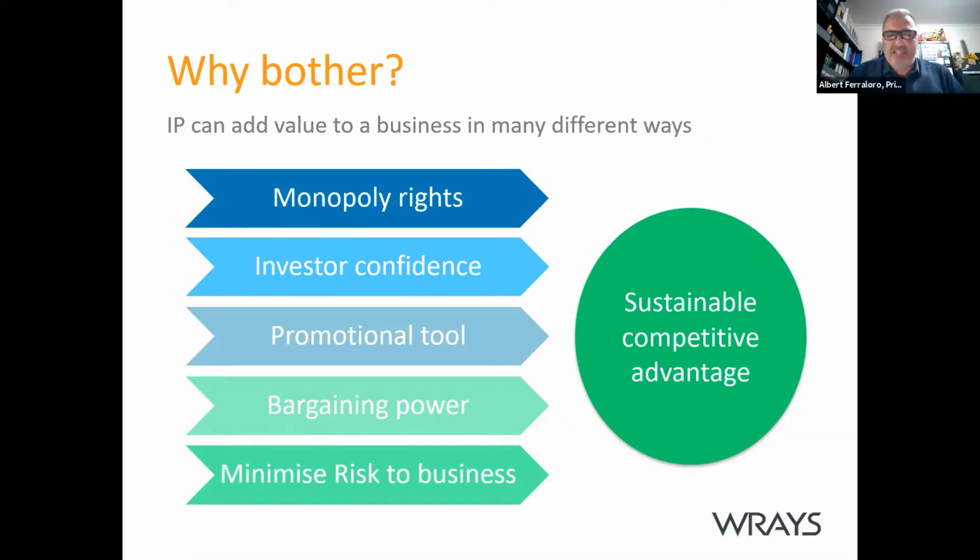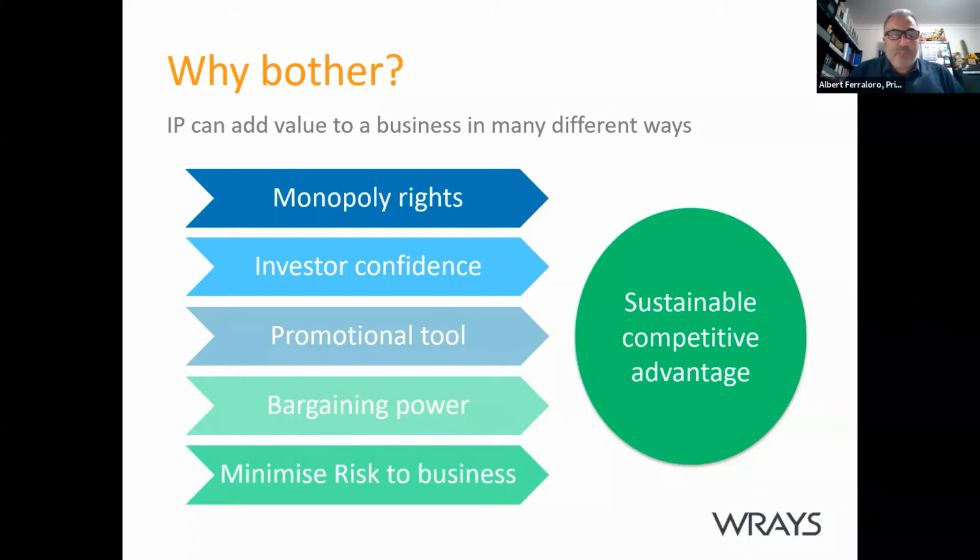And some of these are listed up on the screen. Whether it's just keeping competitors at bay by having monopoly rights that are communicated out to your technical area or to your industry sector, whether it's establishing confidence with investors so they're more likely to throw money at you rather than alternatives.